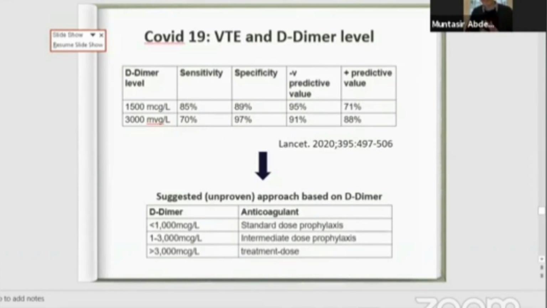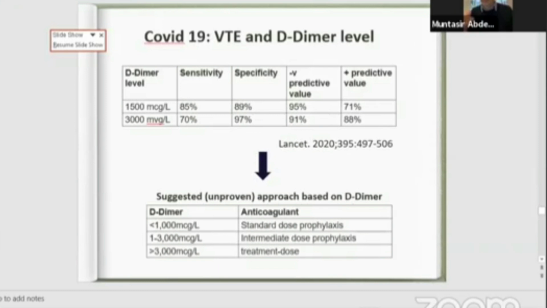In COVID-19, D-dimer should be used differently, because it has been found that a high D-dimer is associated with, first of all, poor prognosis and likelihood of developing ARDS. And in a study in China published in The Lancet, they found that if the D-dimer is 1500, then the chance of having DVT is less.